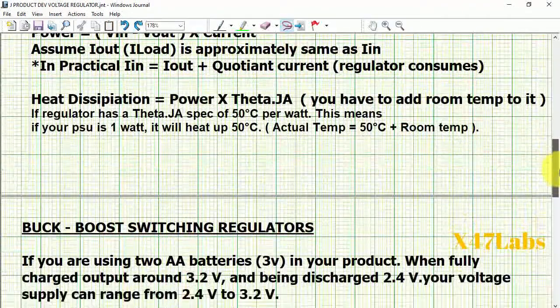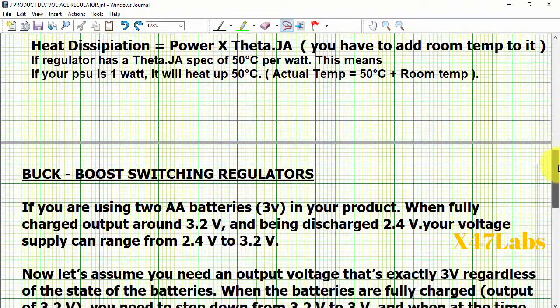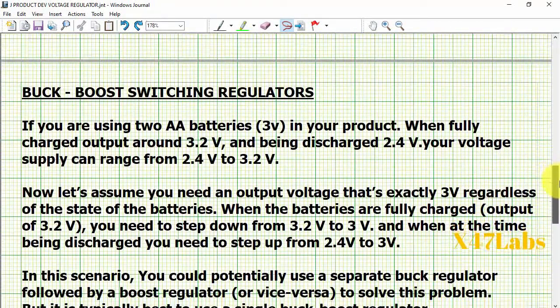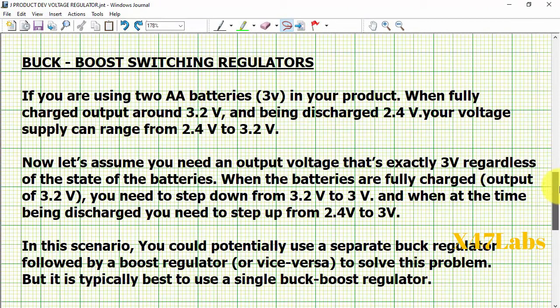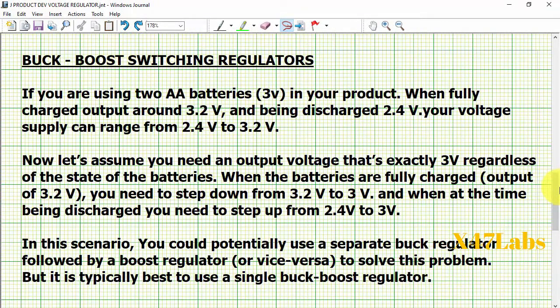Buck boost switching regulators. If you are using 2 AA batteries, 3V, in your product, when fully charged they output around 3.2V, and when discharged 2.4V, so your voltage supply can range from 2.4V to 3.2V. Now let's assume you need an output voltage that's exactly 3V regardless of the state of the batteries.